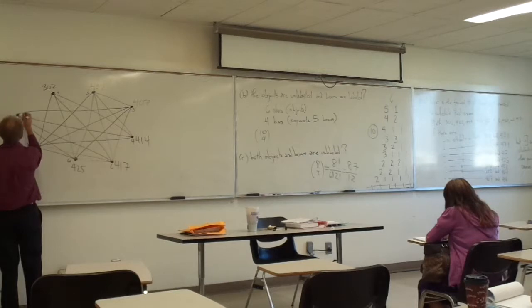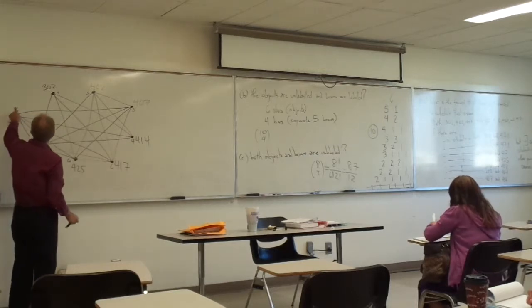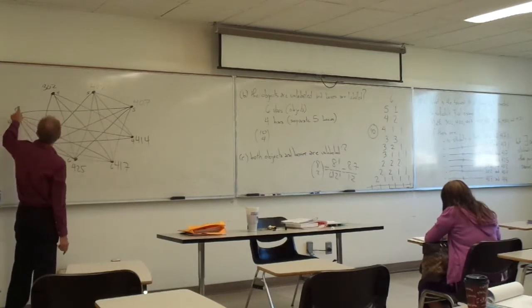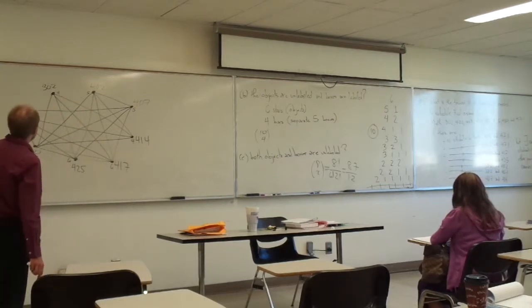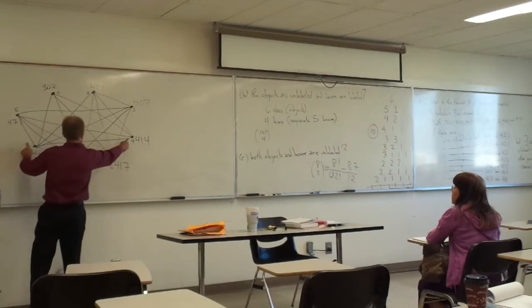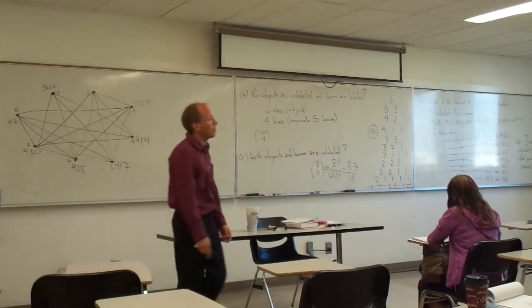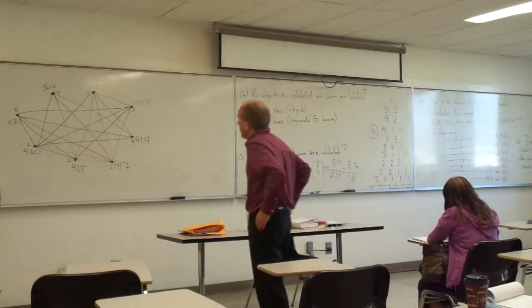This one is 5. I hope I did that right. So I add up all those numbers. Those numbers add up to 42, so that's 21 edges, right? Okay. So I got that right.